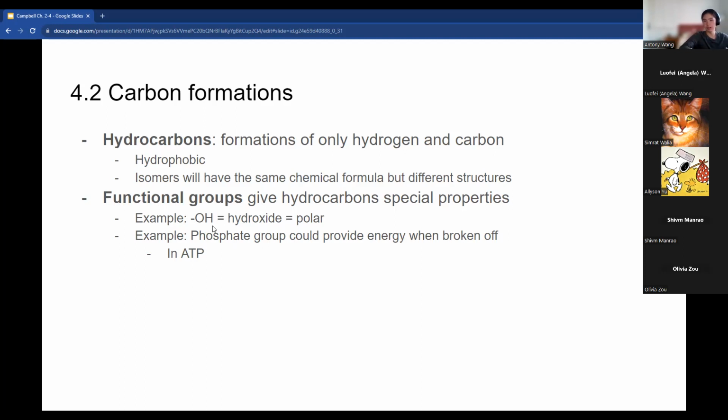These groups are attached to hydrocarbons and give them special properties. So if you attach a hydroxyl to a 2-carbon molecule, that makes ethanol, and that ethanol is polar. So functional groups give things shape, they give things properties.